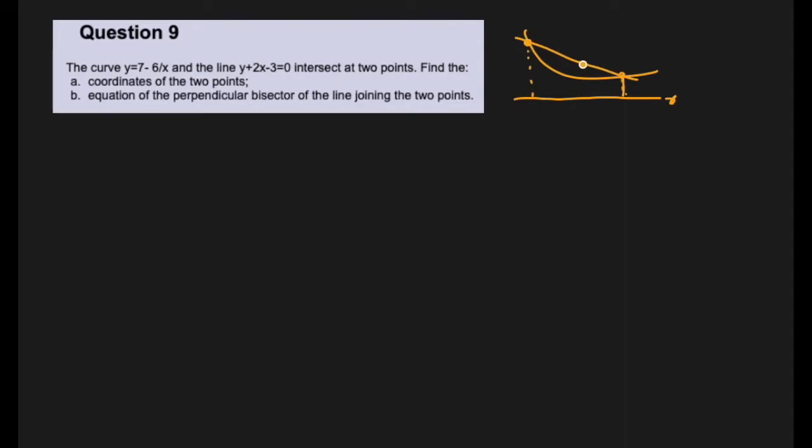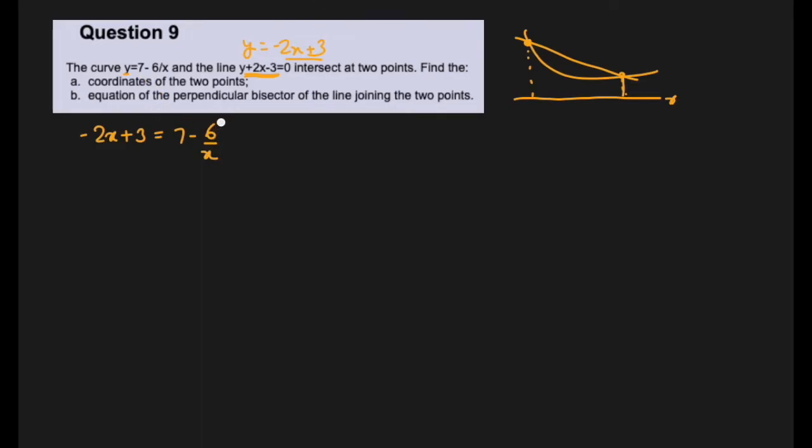Suppose this is the x-axis, so this is the y length at this point, and both of them have the same x and same y. So I can rewrite this equation as y equals minus 2x plus 3, and we have y here. We can equate both the y's and we'll get our points of intersection. So I can write minus 2x plus 3 equals 7 minus 6 over x, and I have to solve this equation.